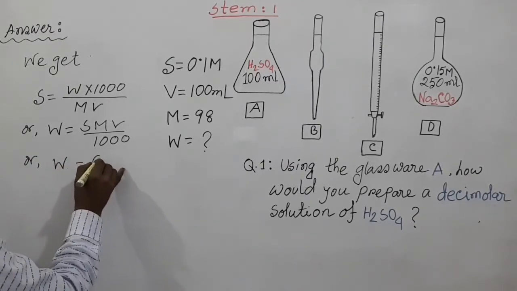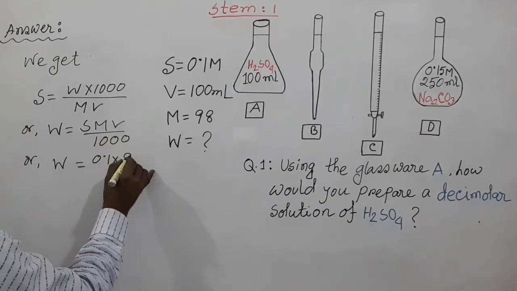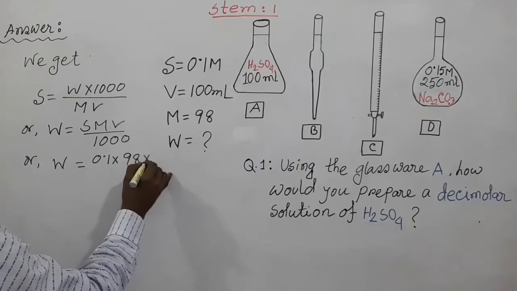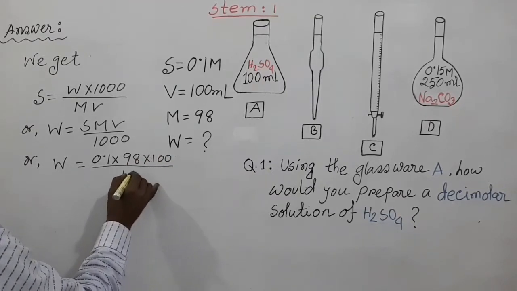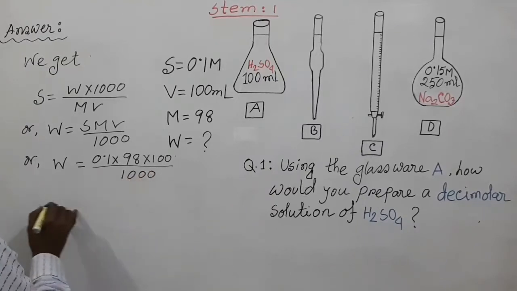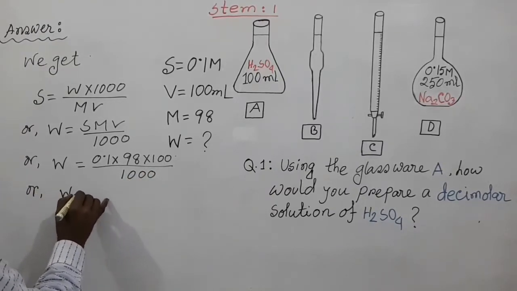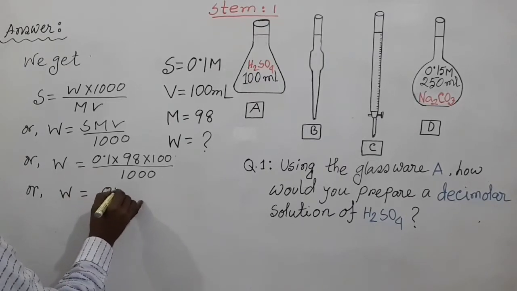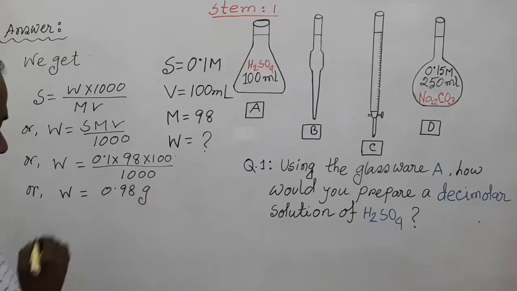S equal to 0.1, molecular mass M 98, volume 100 ml divided by 1000, or W equal to 0.98 gram.